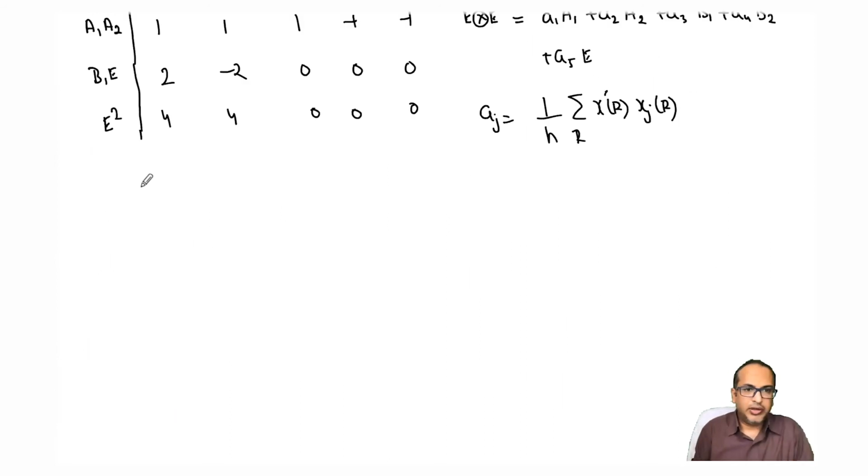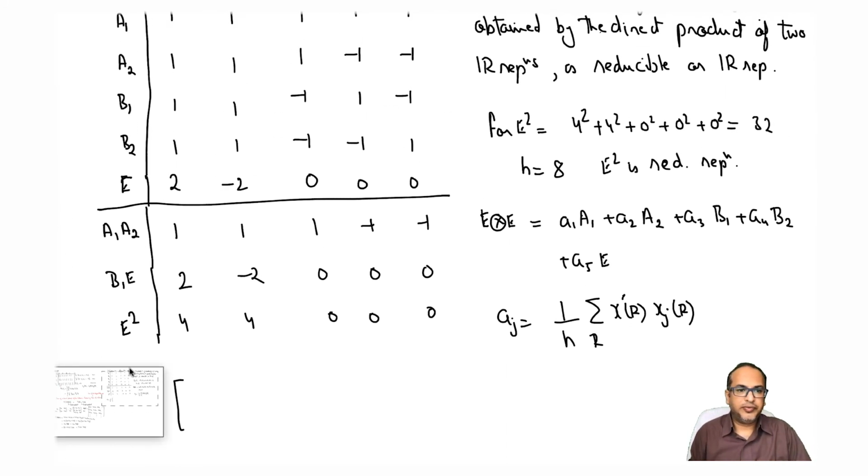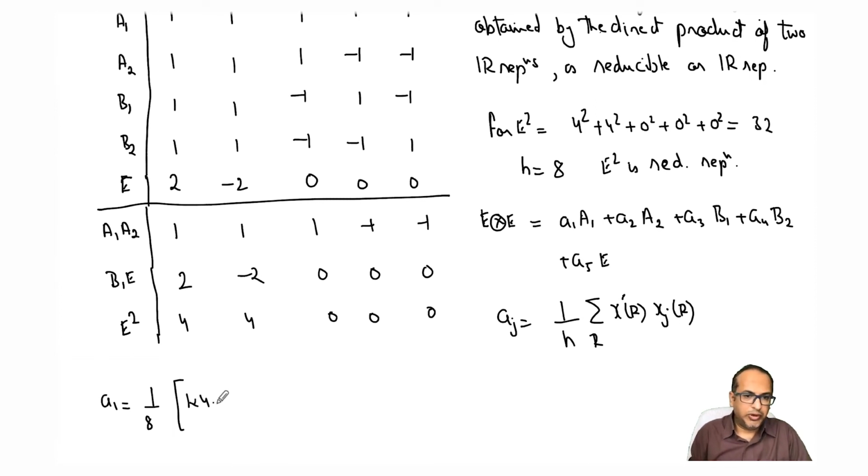So for A1, let's say 1 over 8, and we will have 1 into 4 plus 1 into 4. What I'm doing is making a product of 1 into 4 plus 1 into 4 plus whatever other products, which does not matter because they're all 0.